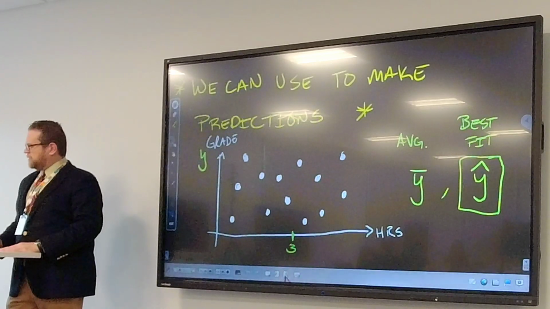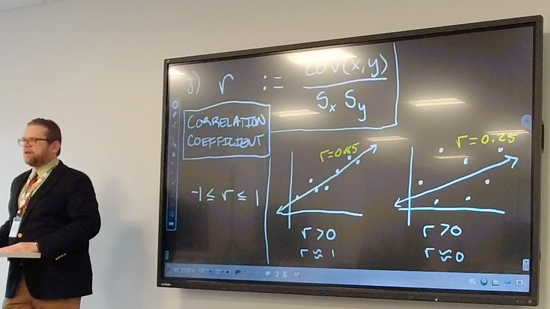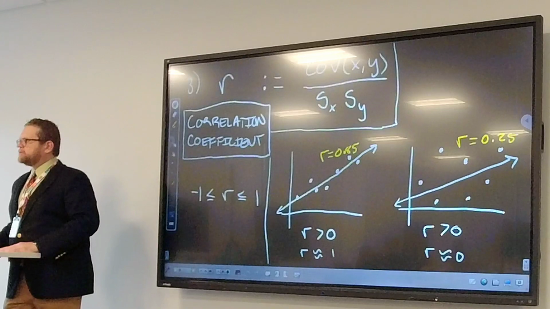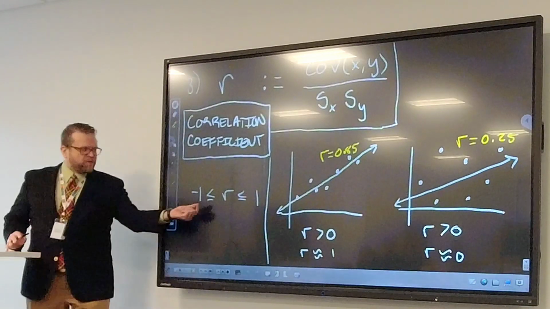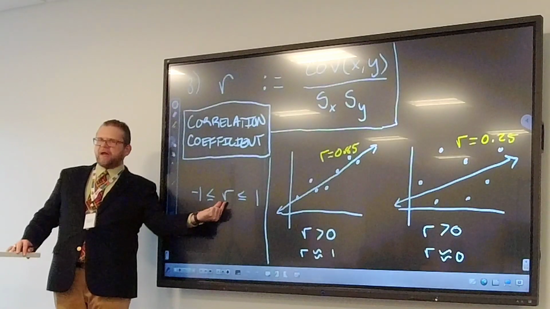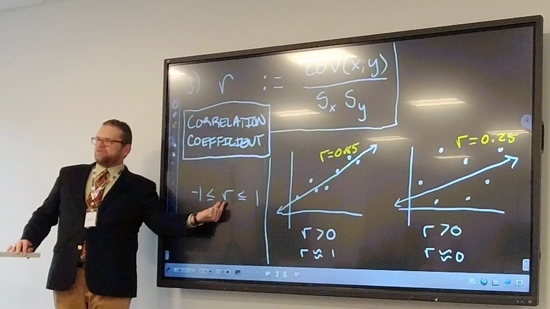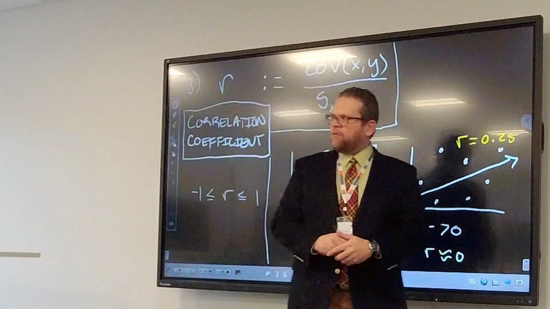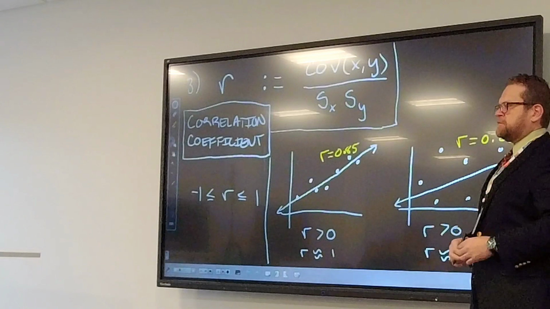If the R value is equal to 1, the points are all on the line. And if it was -1, they're all also on the line. Then when that R value is as far as it can be from -1 and 1, that means it's at 0. So correspondingly, the data points would be as far away from the best fit line as they could be.